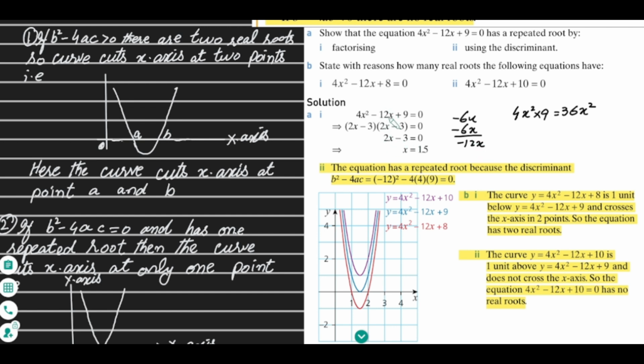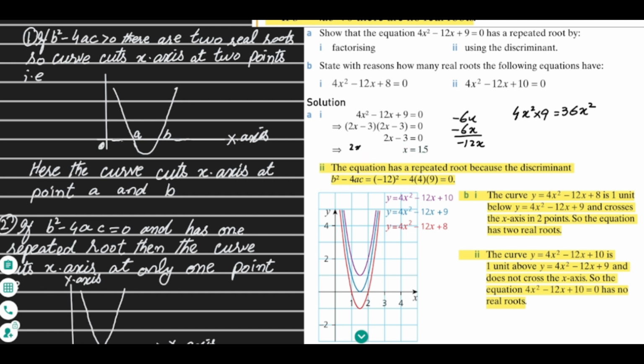So the pairs will be minus 6x. We use them in place of 12x, and then we take common 2x. We will get 2x minus 3, 2x minus 3. That is 2x minus 3 square, and if we take the square root we get 2x minus 3. From here, moving 3 to the right side, we get 2x equals 3, and then x equals 3 by 2.